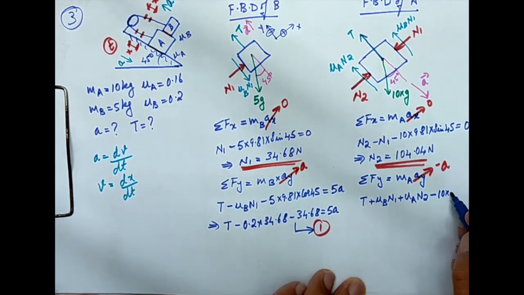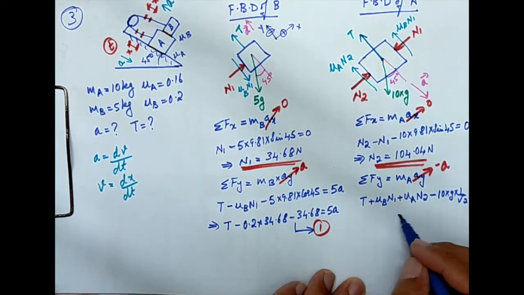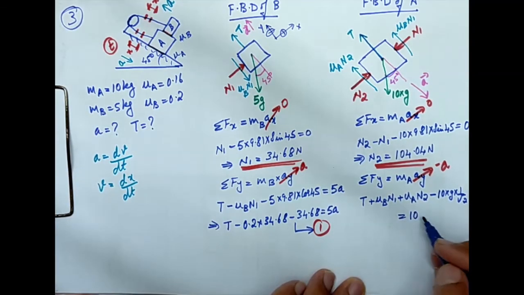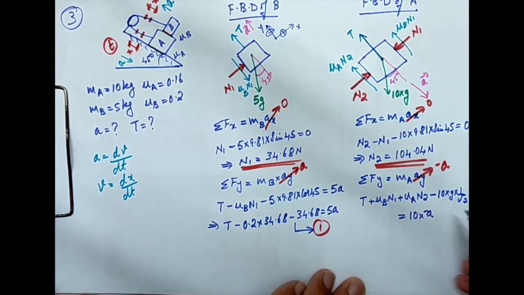It is 10 into g into 1 by root 2 downward, hence it is negative. That's the left hand side, which is equal to m a. m is given as 10 kg. So 10 into minus a.